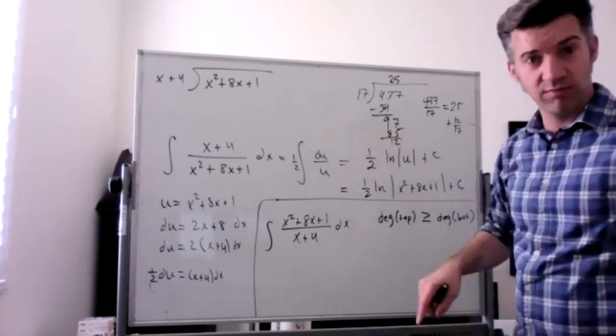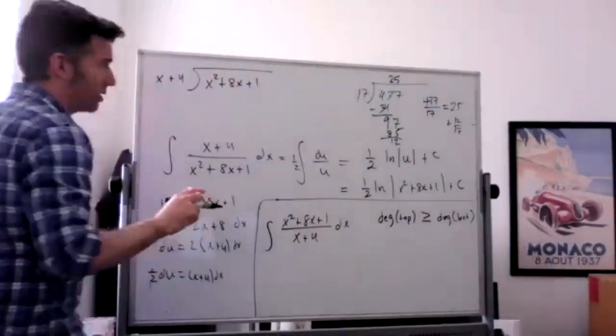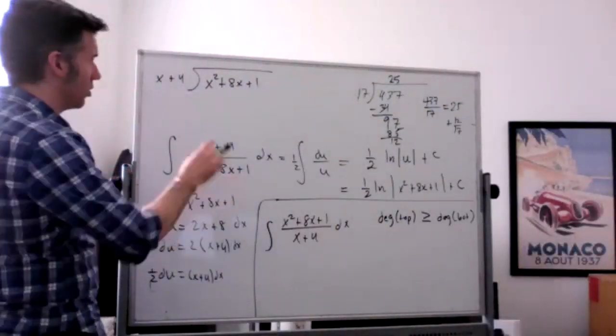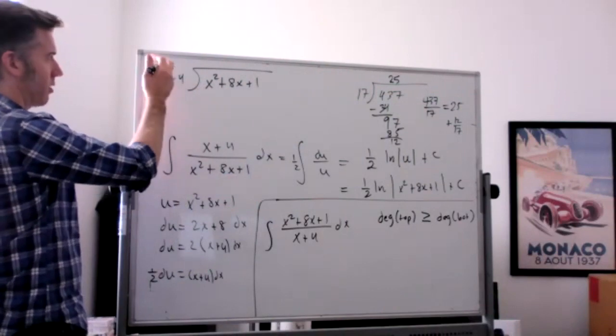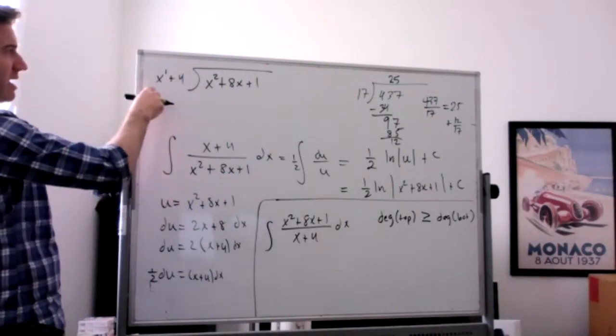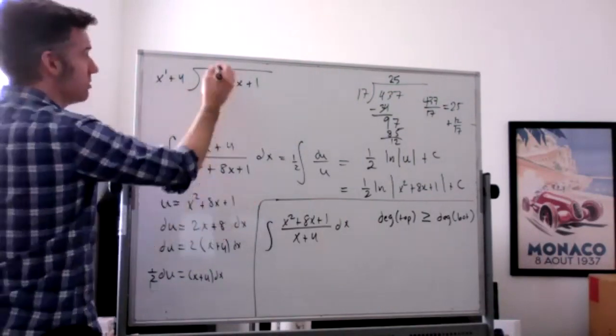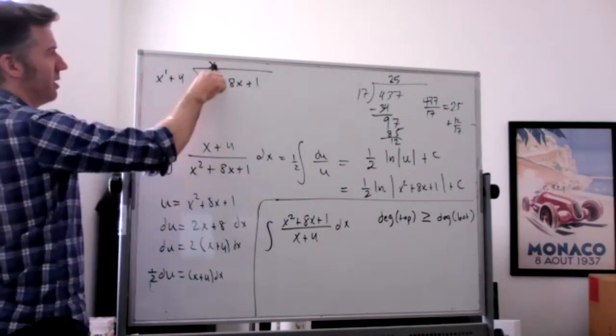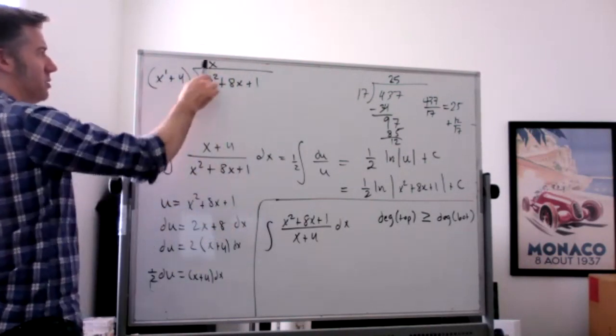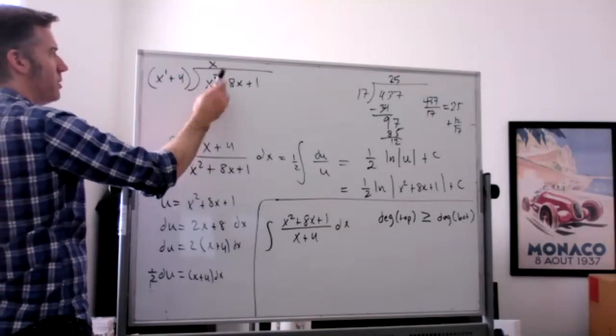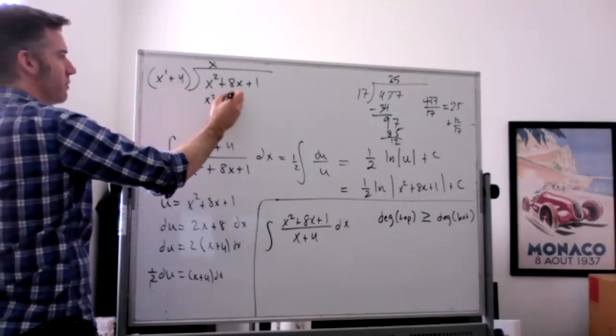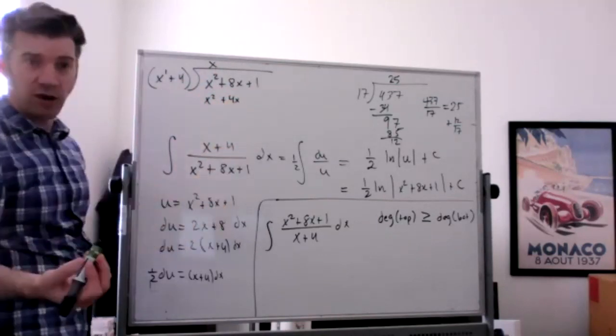It's going to work the same over here. Well, the small difference is that you look at the highest term, the highest power. So you ask yourself, what do you multiply by x to get x squared? And the answer is x. So then you multiply x by all of this. So x times x is x squared. X times plus 4 is plus 4x. And then we subtract.